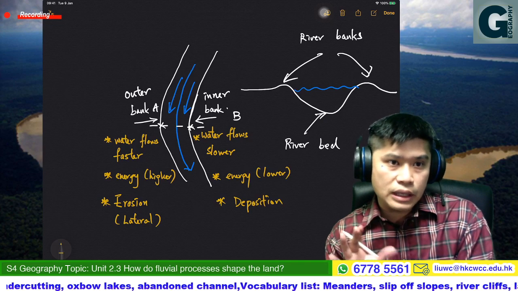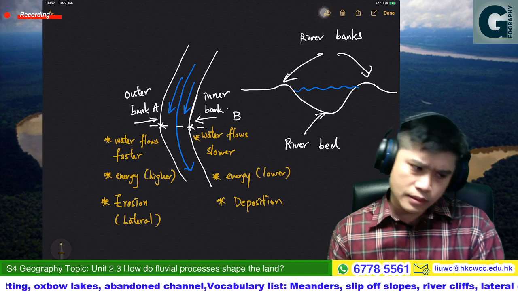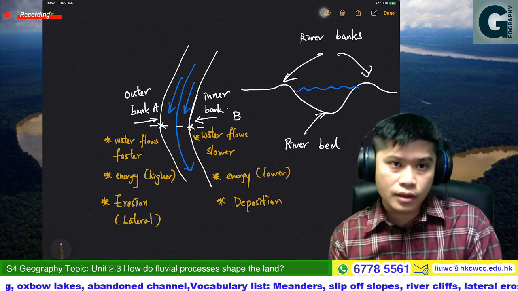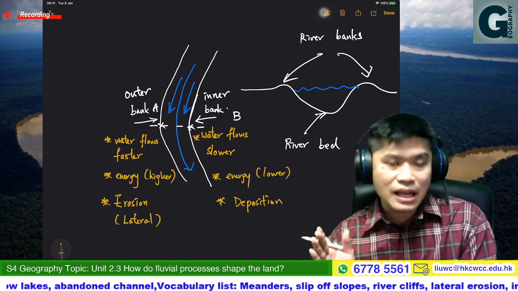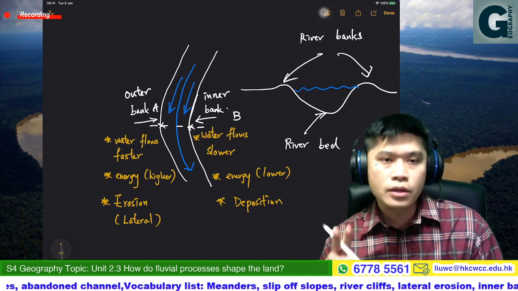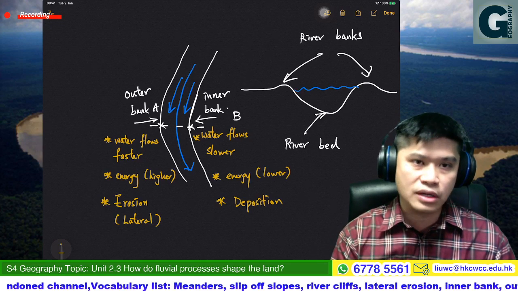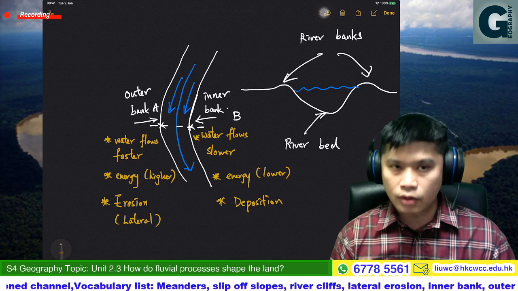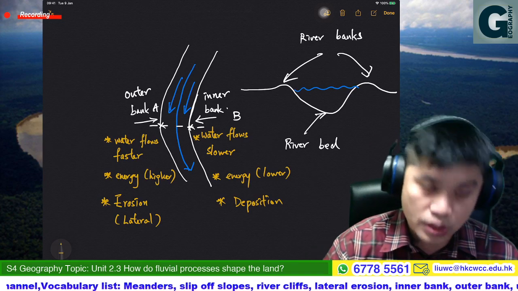So even at the same point along the river, just the difference between outer bank and inner bank, we can have two different fluvial processes. Then it may lead to two different landscapes or two different features.